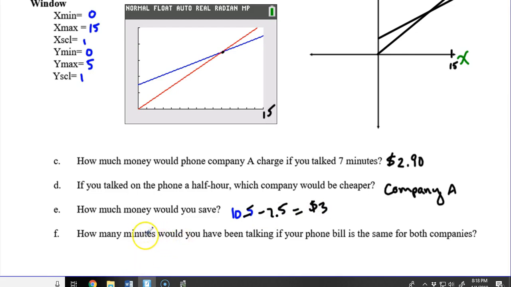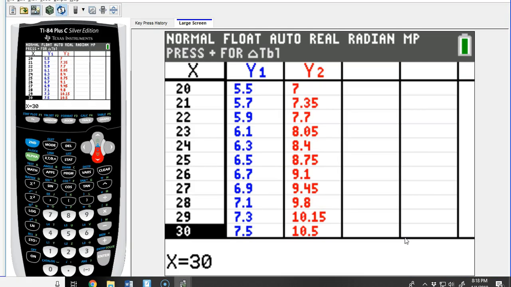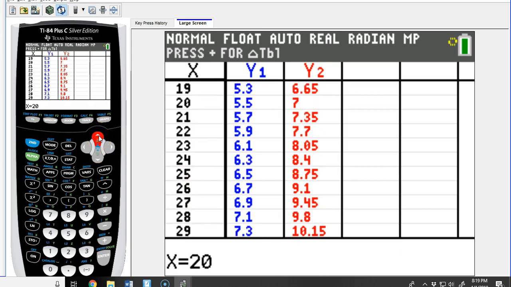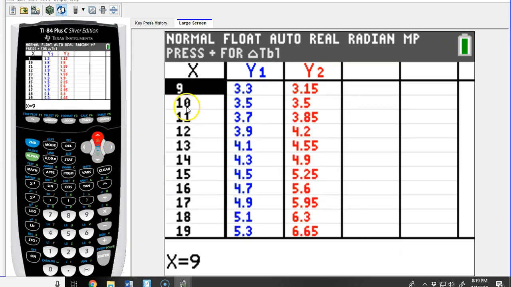And finally, how many minutes would you have been talking if your bill is the same? So I'll leave that up to you. Look at your table and see if you can see where the phone bill, the Y's, are the same. Play the recording when you're ready. Okay, so I can see that at 10 minutes, the Y's are exactly the same.